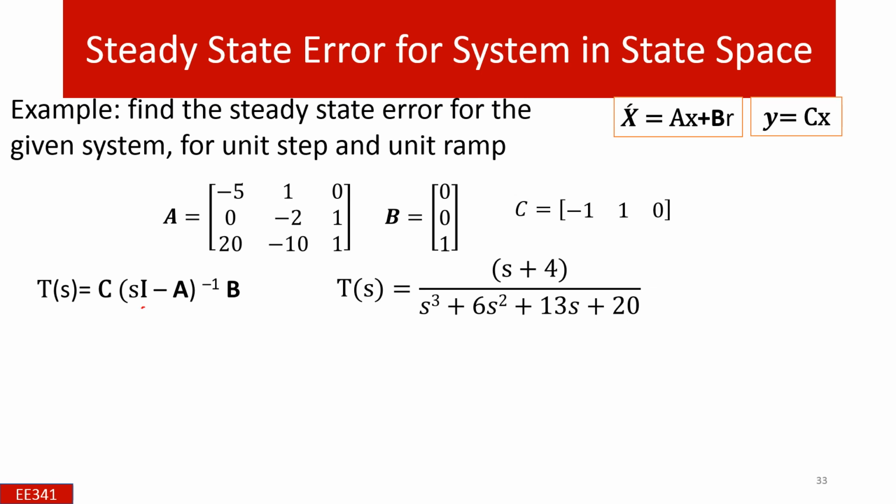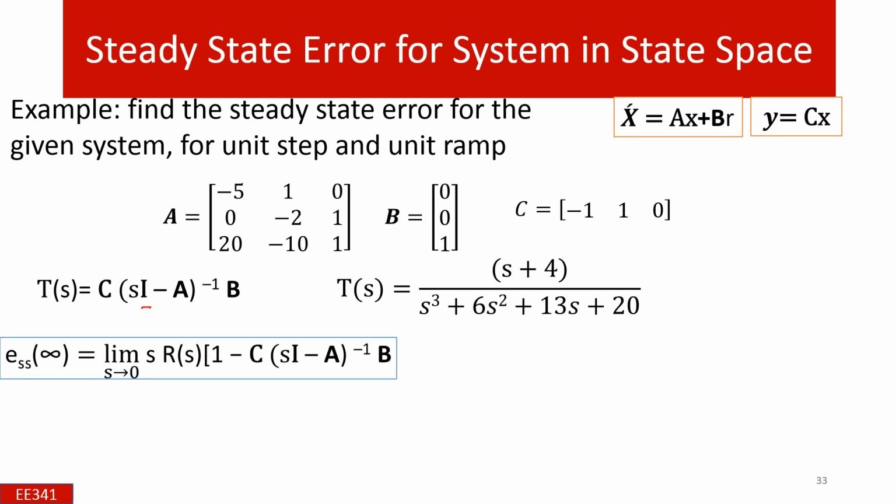By applying these relations, our closed loop transfer function is s plus 4 over s cubed plus 6s squared plus 13s plus 12, 20. It is a type 0 system, and it is a third order system.